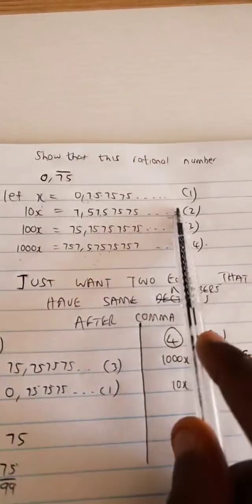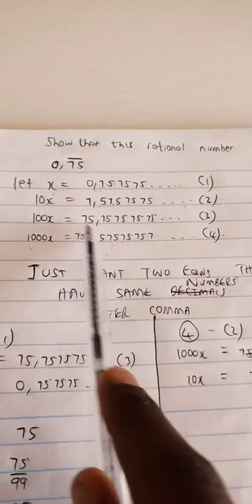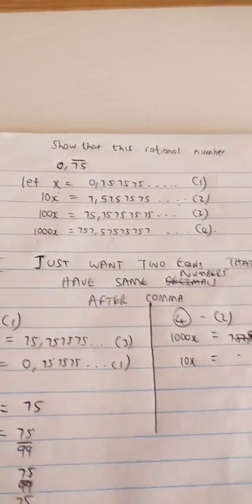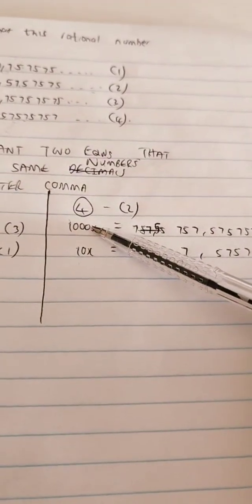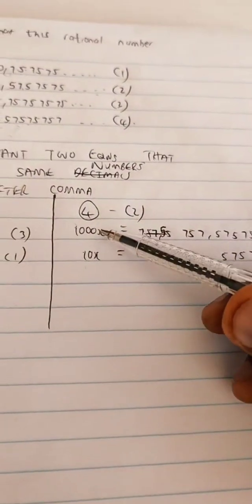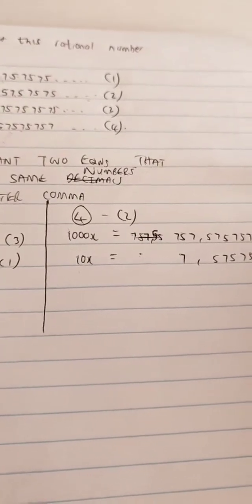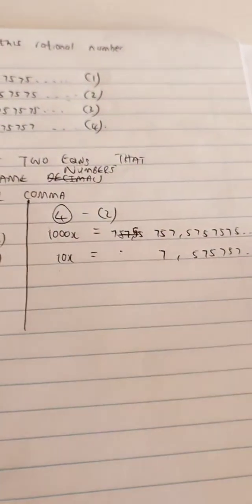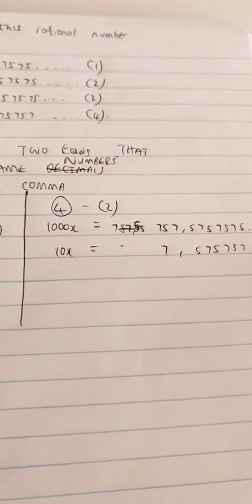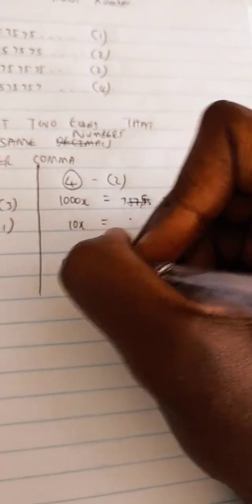Let's look at equation 4 and 2. Remember, equation 4 and 2 also have the same decimals. They are different, but let's see if it leads us to the same answer. What's 1000x minus 10x? What do we get on the left? 1000x minus 10x gives us, thank you Tinswalo, 990x.